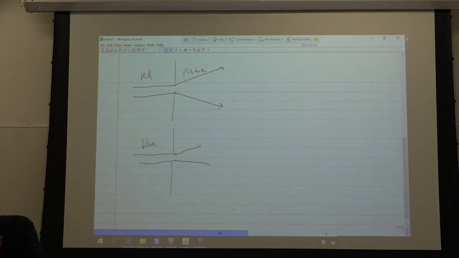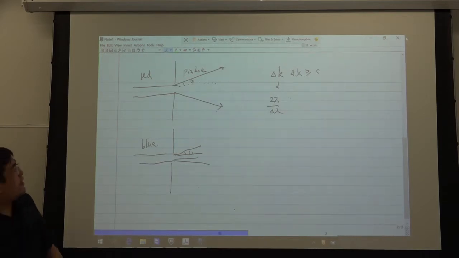For red light, everyone knows there is a delta k and delta x relation, some constant; it's called the uncertainty principle. It means it has a low frequency, delta k of 2 pi over lambda. For the red color, I believe the angle theta is larger, and for the blue color theta is smaller. I remember it is similar to this, the uncertainty principle, if I draw this correctly.